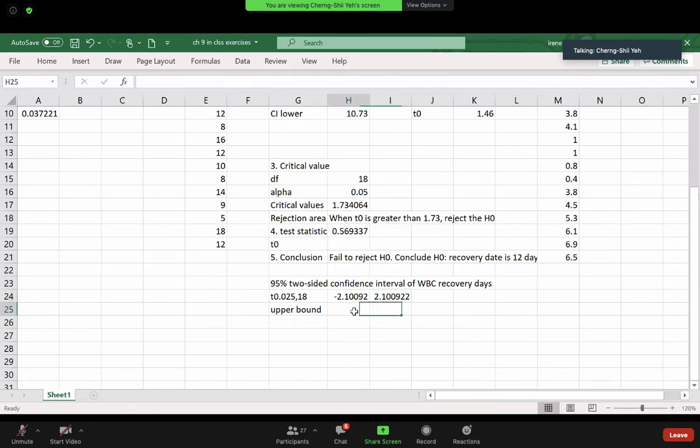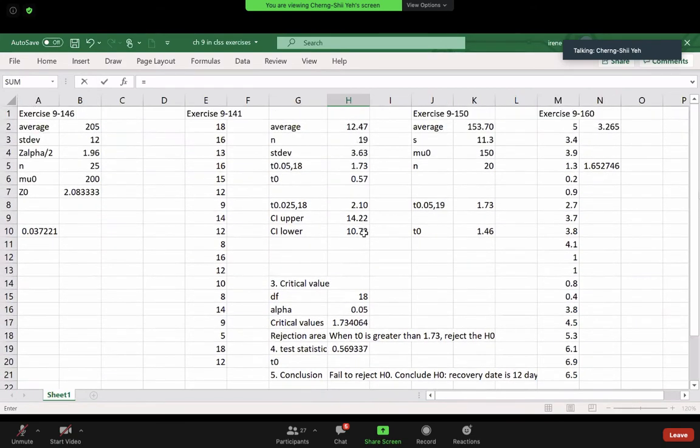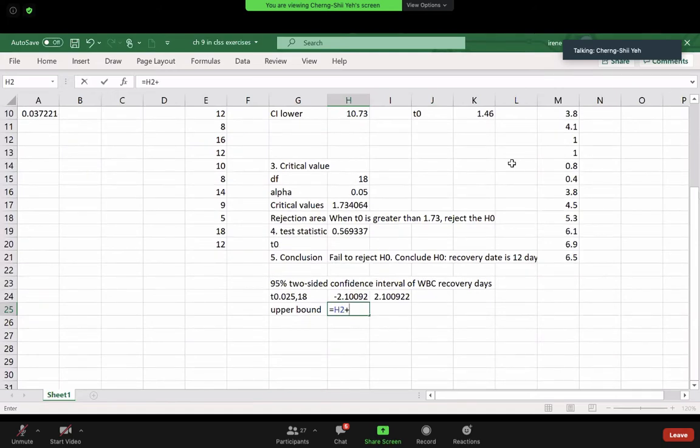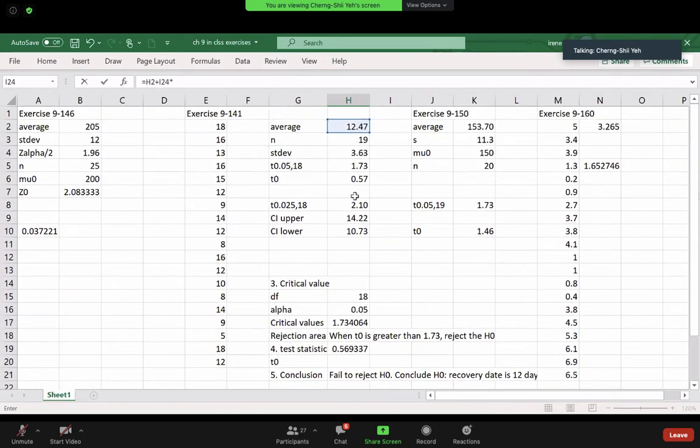All right. So the upper bound is my sample average. Sorry, I'm going to use equal and click on my sample average here. Plus my t-statistic multiplied by my standard deviation. Standard deviation is here divided by square root of my sample size.